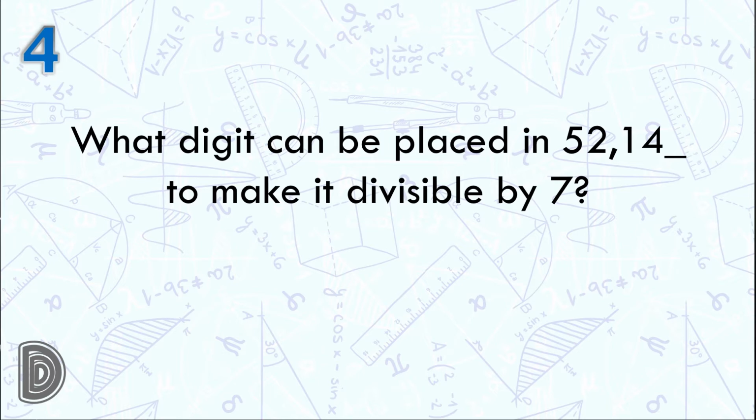Again, what digit can be placed in 52,140 blank to make it divisible by 7? Go. Time is up. The answer is 3.